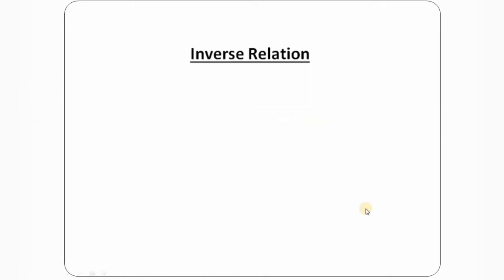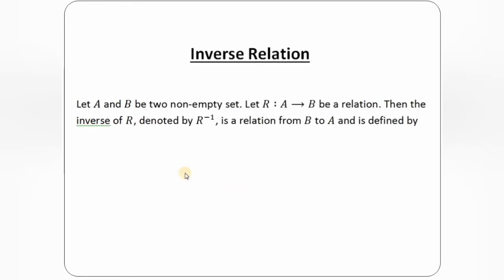Okay, fine. So after understanding the relation, now let's try to understand what is inverse relation. Let A and B be two non-empty sets, let R be a relation from A to B, then the inverse of R is denoted by R to the power minus 1, and this is read as R inverse.